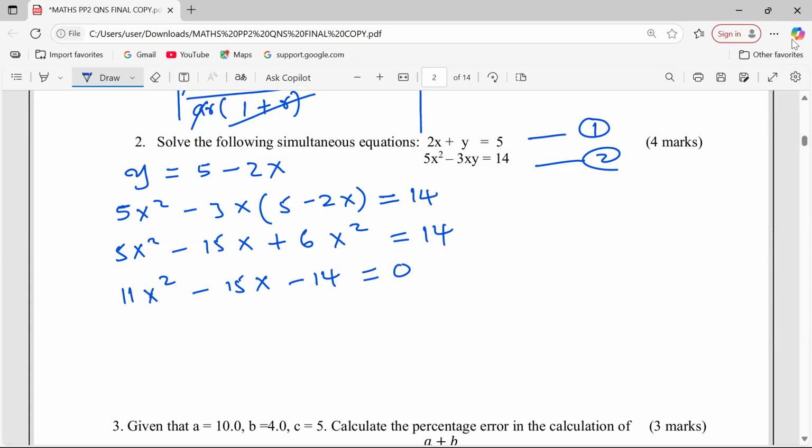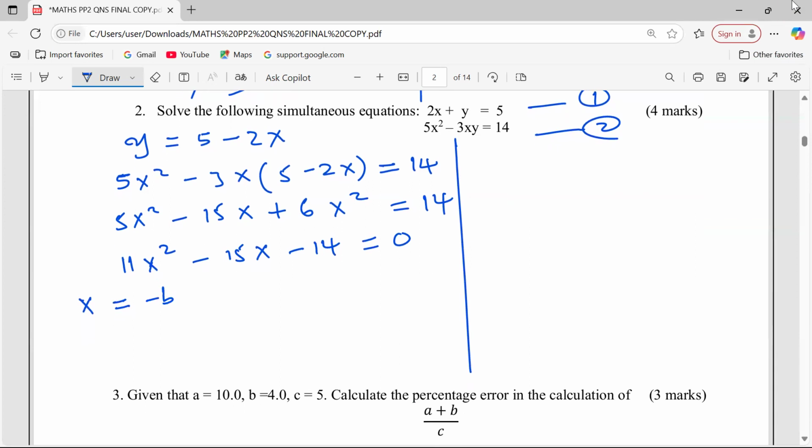At this point, we can now talk about a solution. Remember, there are very many methods we can use to solve a quadratic equation. This is quadratic now. So let's get x from this. x equals, according to the quadratic formula, negative b plus or minus the square root of b squared minus 4ac, then everything divided by 2a.